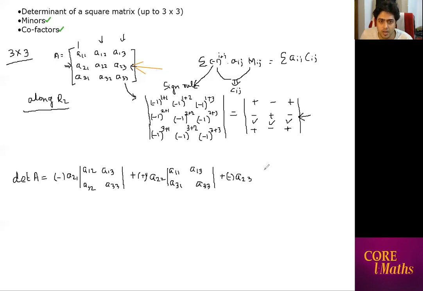So the remaining elements are A11, A12, A31 and A32, right? We have covered all the elements in row 2, and we find the determinant value in this way.